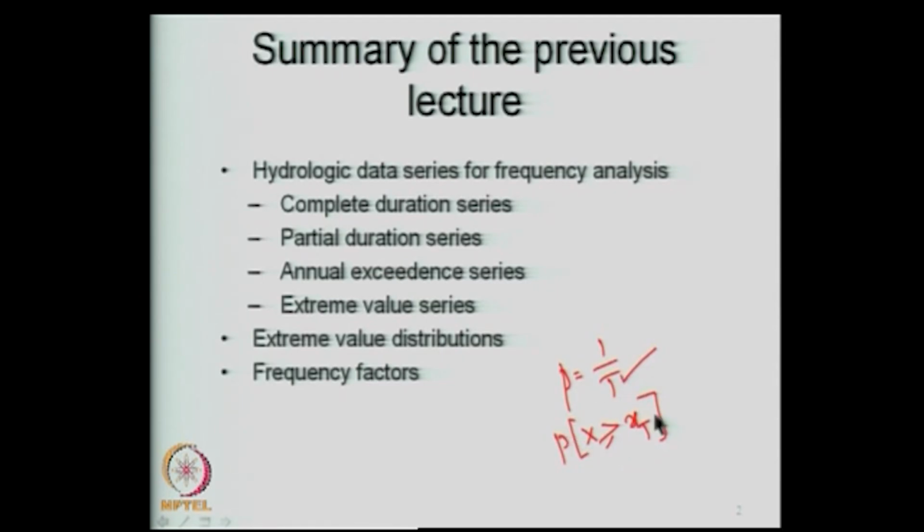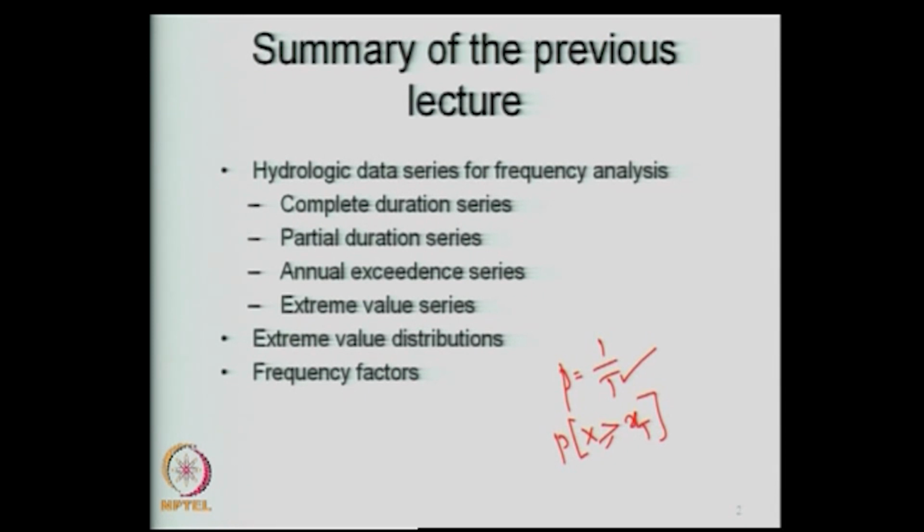Now, these can be obtained for some distributions like exponential distributions etcetera by analytical methods. Directly you fix your T and therefore, you are fixing the probability of x being greater than or equal to x_T, and then analytically you can solve using the expressions for the cumulative distribution function for that particular distribution and then solve for x_T. However, there are many distributions which are non-invertible in the sense that you cannot get x_T directly from your PDF.